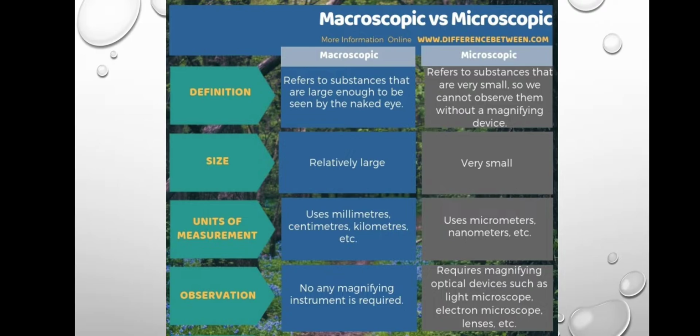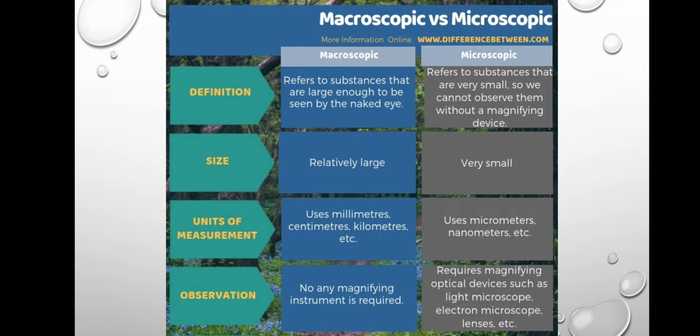Now what are the units of measurement of macroscopic particles? We can use millimeters, centimeters, kilometers, which are measurable. But microscopic particles are expressed in terms of nanometers, 10 raised to minus 9, right? Then picometers, then Angstrom units. So all these are very, very small units. Correct?